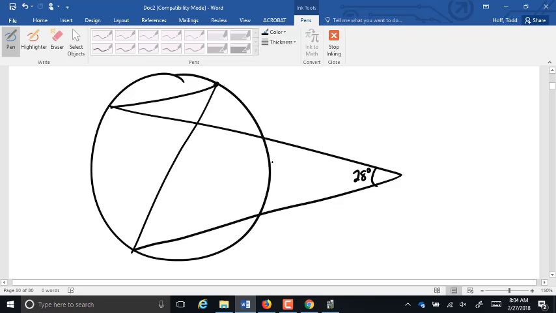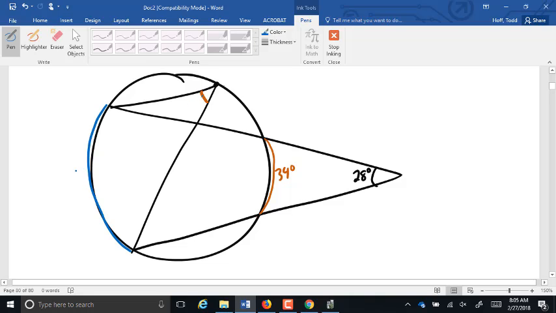And we know that this arc here is 34 degrees. Can we find that angle there? Why not? How would we find it? Well, to know that angle, if we knew this arc, we know that angle is related to that arc. How? It'll be half of that arc length, right? Half of the degrees of that arc.